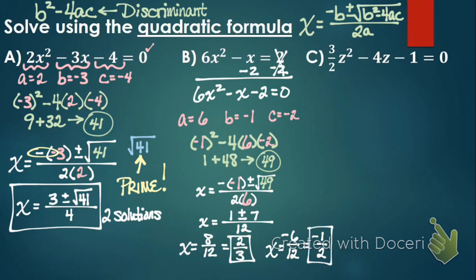Last one. What are my a, b, and c? Yep, 3/2, 3 over 2. b is? Negative 4. And c? Negative 1. Let's find our discriminant.